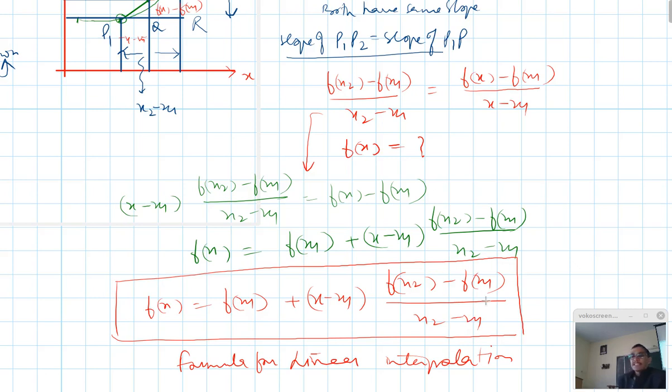Now let us understand this linear interpolation with the help of an example. You are given the values of x, and f of x is nothing but root of x.